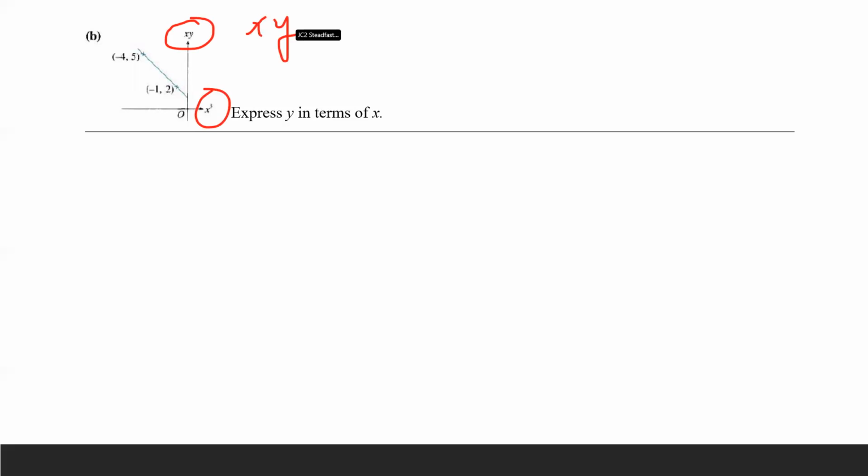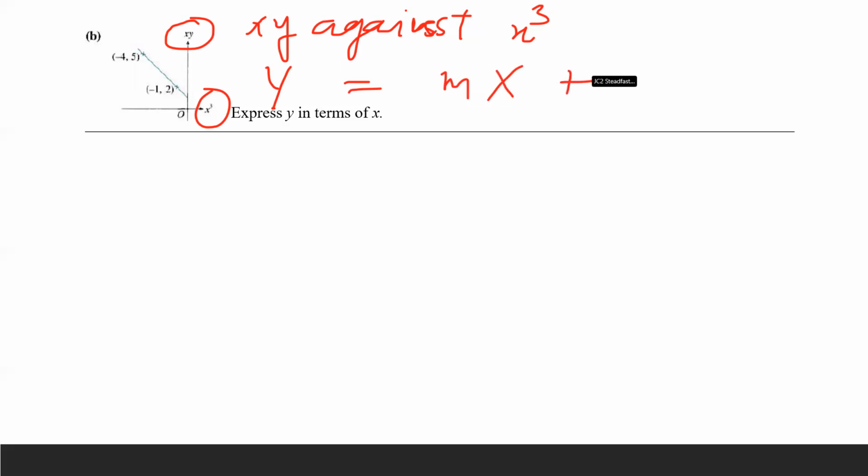So xy against x cube. Okay, so finding the equation of the line will be y equals mx plus c. Remember that capital Y in this case is small xy, and capital X is x cube.